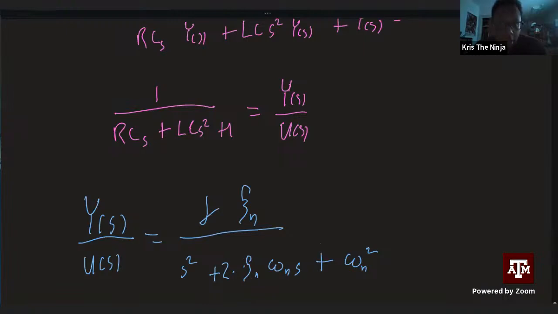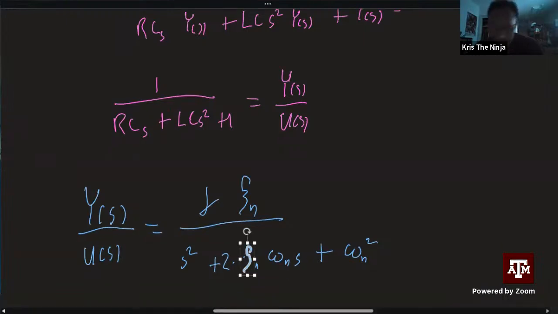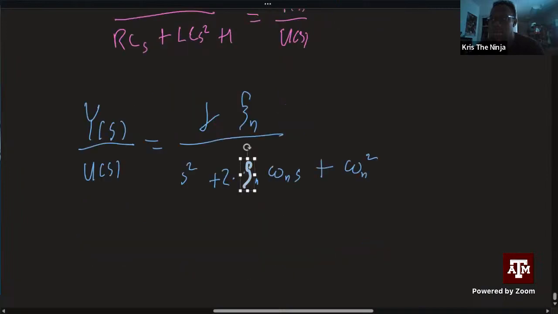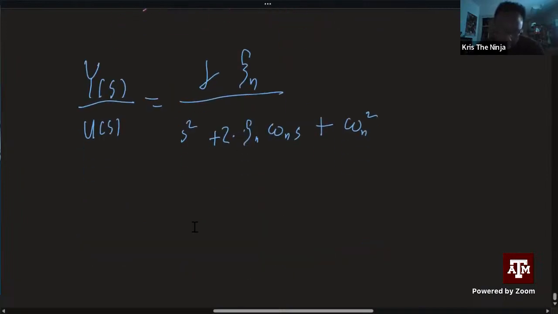Anyway, I'm back. So I gave y'all the general form of the equation. You have zeta, which is the damping ratio of a second order system.